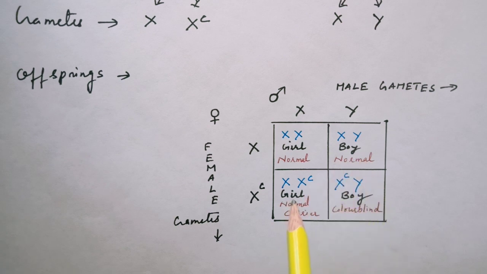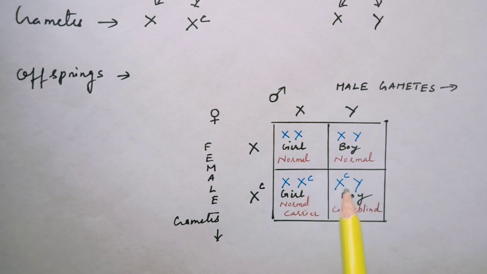To fill up the third box, we take this X from the female side and this X from the male side. The combination is X and X, so it will be a girl. Of course, one of the X is carrying the dominant gene for vision, so this girl will have normal vision, but she becomes a carrier of the defective gene. She can pass on this defective gene to her future generations.